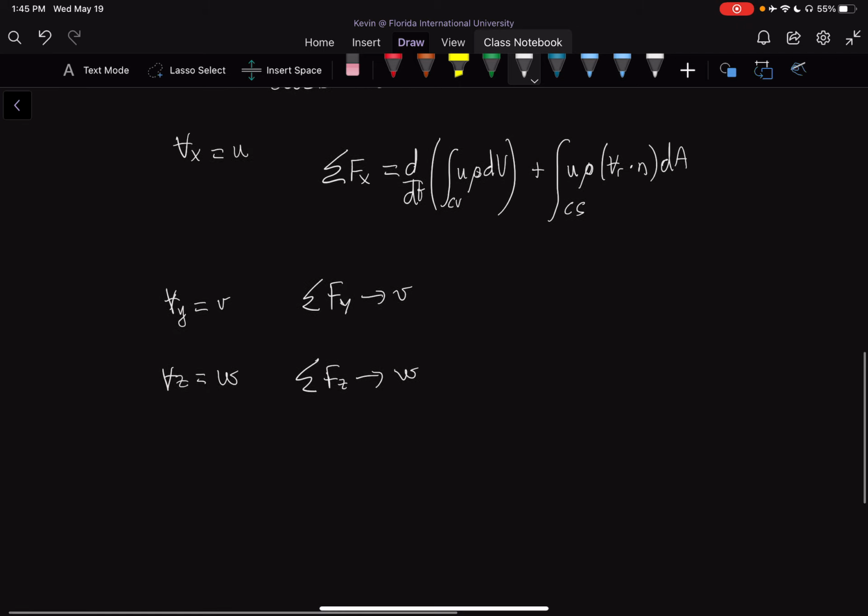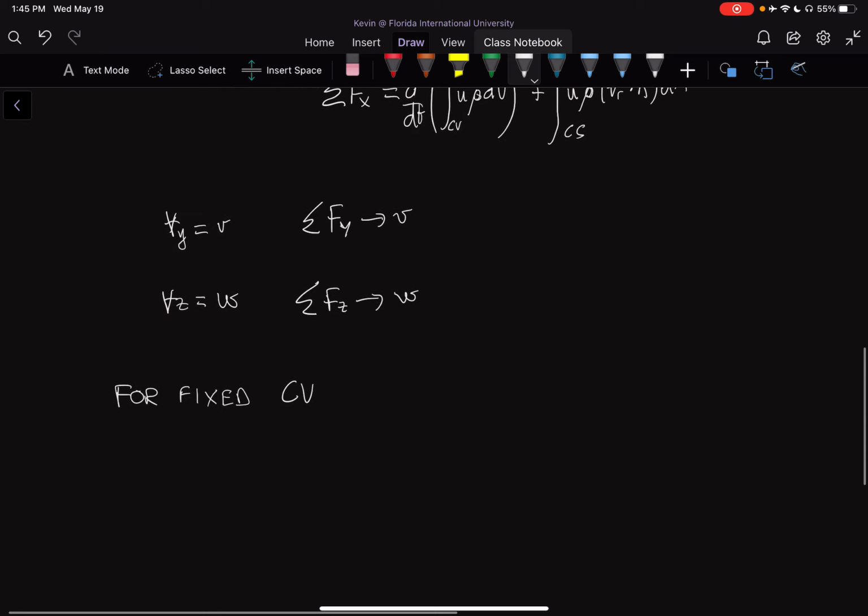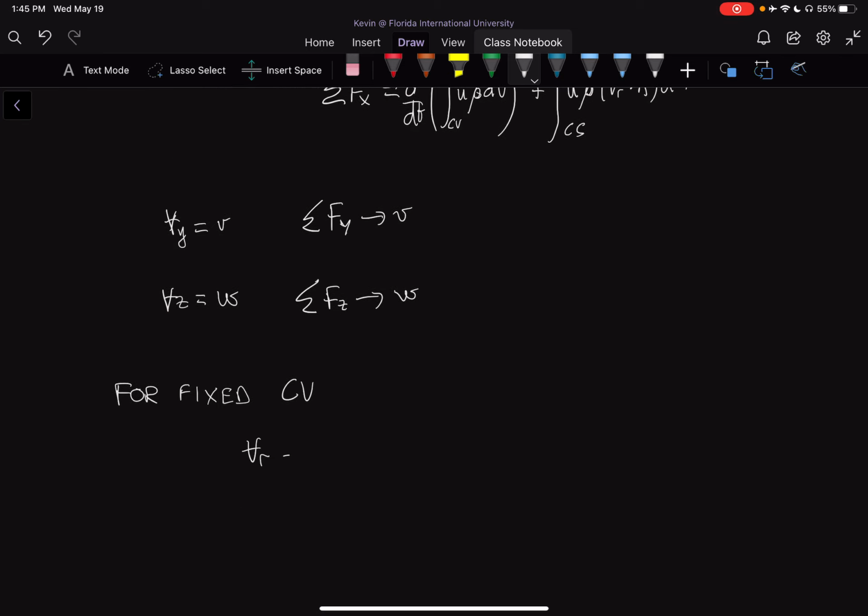Now to simplify our problem, for a fixed control volume, we can say v relative is just equal to v. Since the control volume is fixed, our Vs, or our V of our surface, is not moving anymore. Therefore, we can simplify our problem to the following general equation and also to our specific x, y, and z equations.